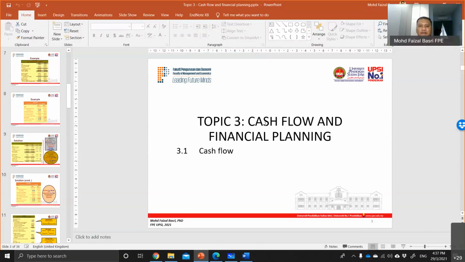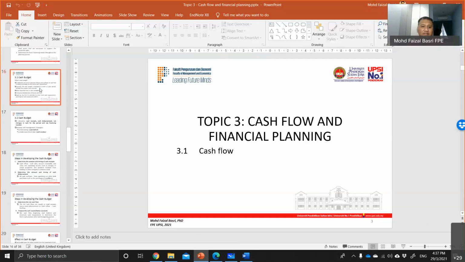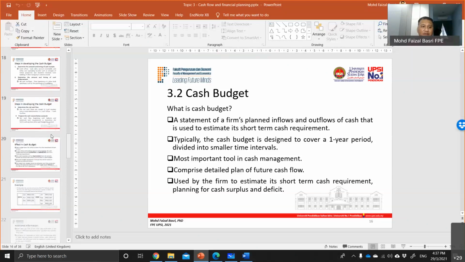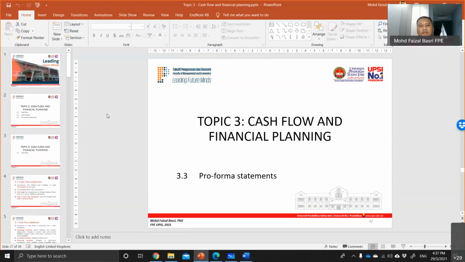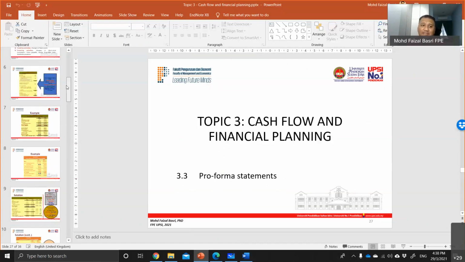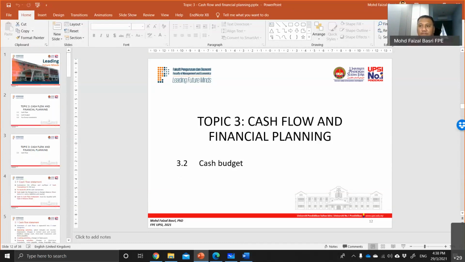The first part is the cash flow statement. The second part, financial planning, has two more: the cash budget and the pro forma. For sure we will finish at least one, but all 3 within 2-3 hours, I'm not sure. Let's see next week.